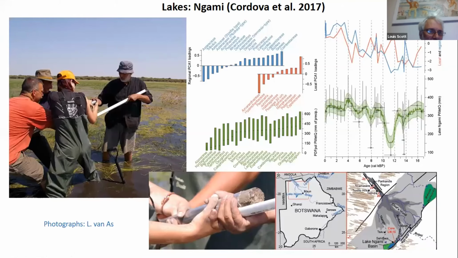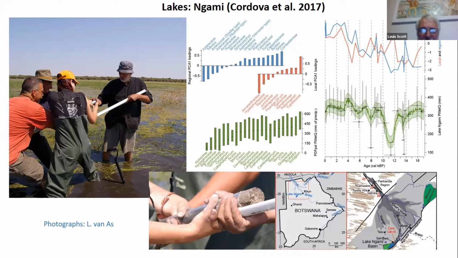Now, this is Lake Ngami. It's an interesting place where it's seasonally flooded with water via the Okavango, and we could core it, and we have this reconstruction.